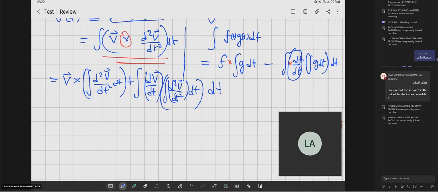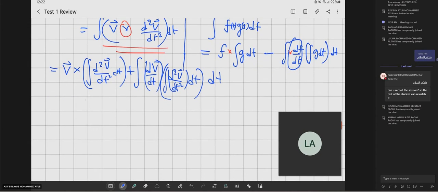And okay, let's do this. So we know that the integral of v double dot dt just removes one of the dots, right? Since the fundamental theorem of calculus tells us the integral of d by dt of some vector a is going to give us a itself plus some constant.